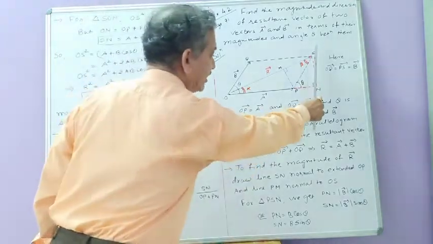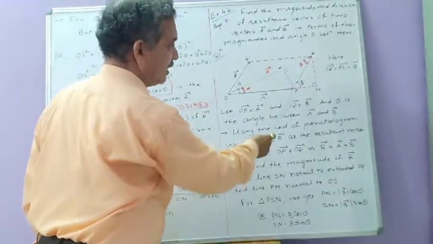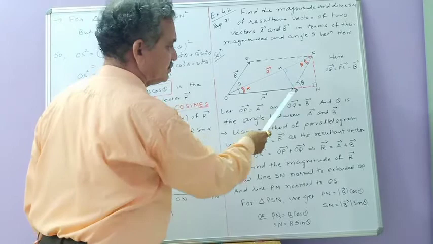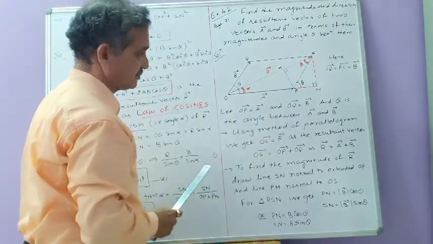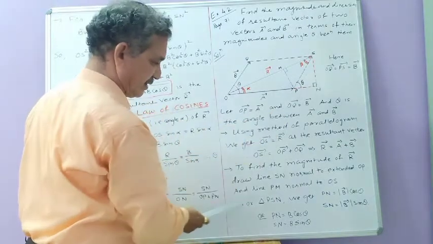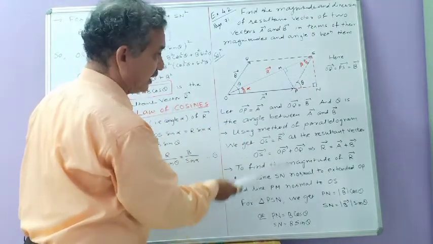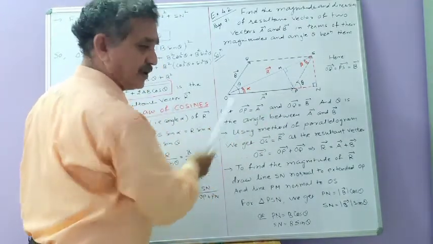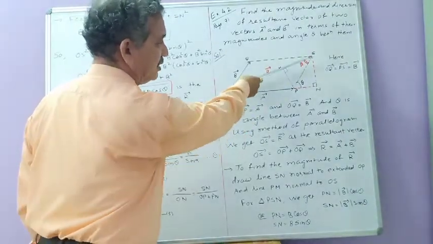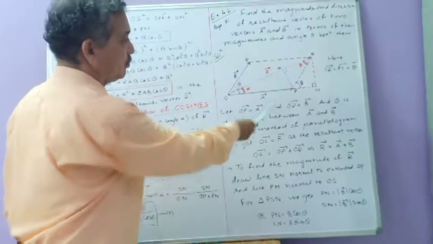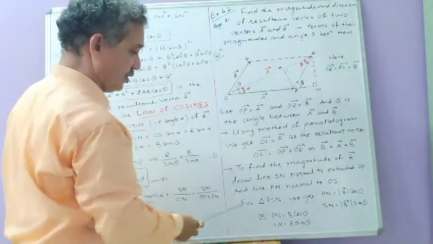When you draw it like this, you get a right angle triangle PNS, where angle N is 90 degrees. At the same time, you can draw from point P another perpendicular line to the diagonal OS.